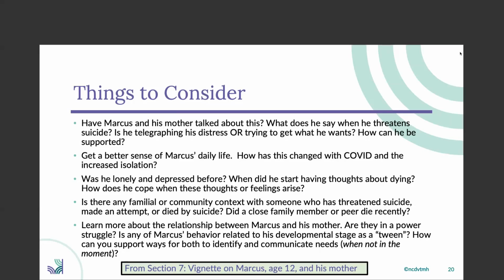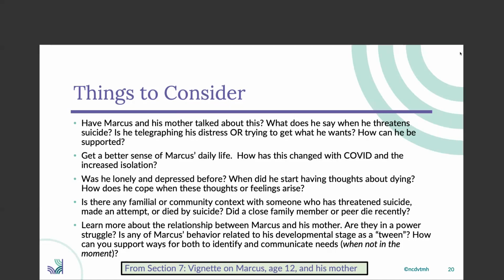Did it start with COVID and some of that increased isolation, or has this been going on for a while and it's just gotten worse?